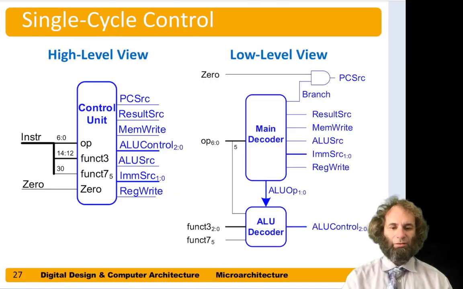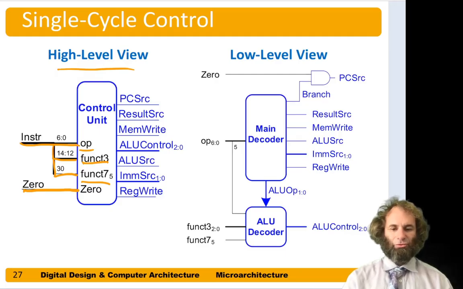So at the high level, the controller takes in the instruction, and in particular it needs the fields: the opcode, the funct3 field, and at least bit 5 of the funct7 code to tell whether we're doing the add or subtract. It also needs the 0 flag coming from the ALU to tell us whether a branch should be taken.